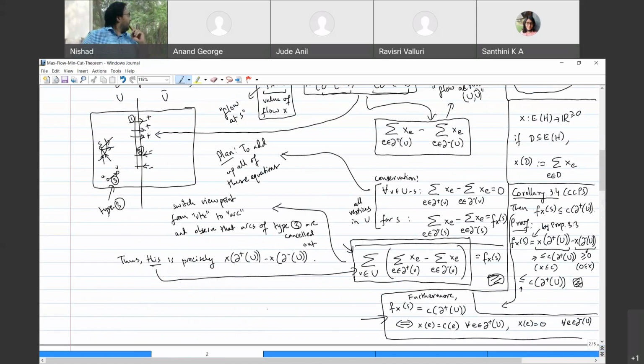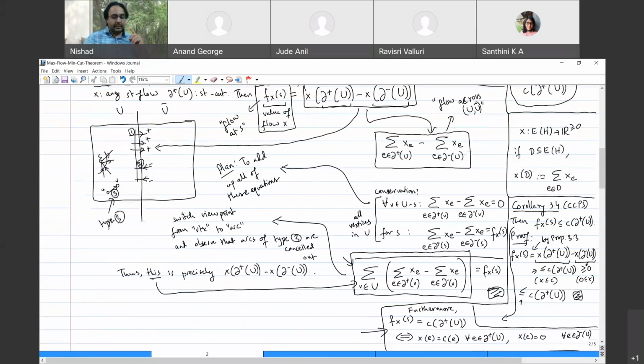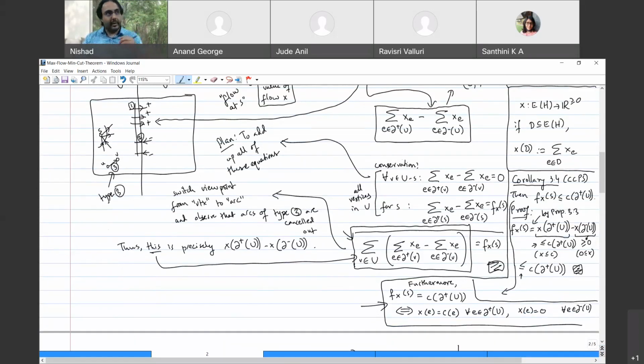Whenever these two conditions hold for the forward arcs and the reverse arcs in this cut, we know that the flow value is exactly equal to the capacity of the cut.